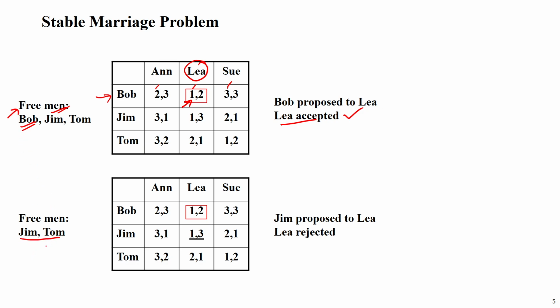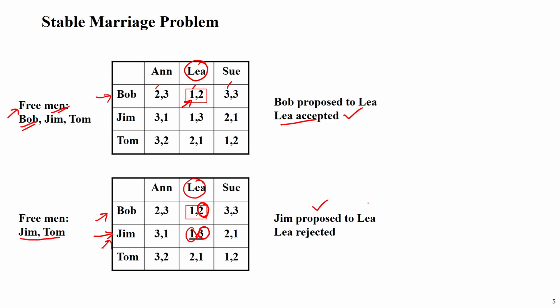Now Jim and Tom are free. Then Jim is ready to send the proposal. His first preference is Leah, so he is sending the proposal to Leah. Now she is comparing her preference. Leah has Bob as second preference, and Jim as third preference, right?